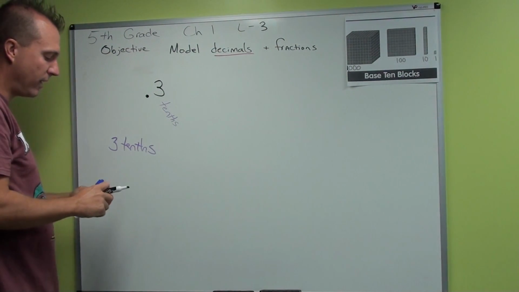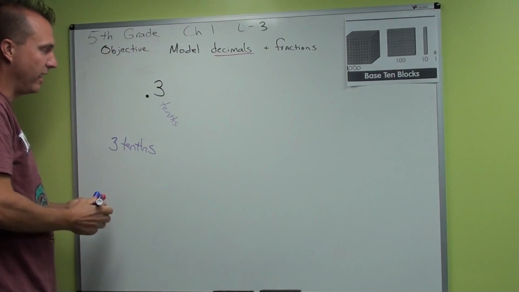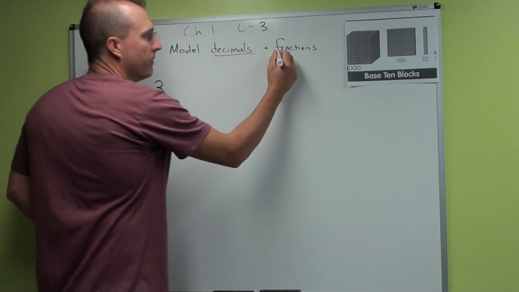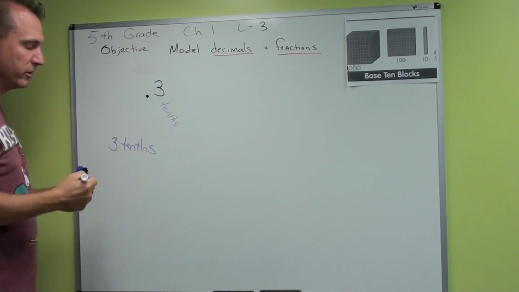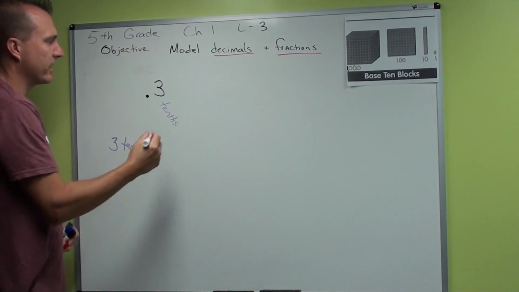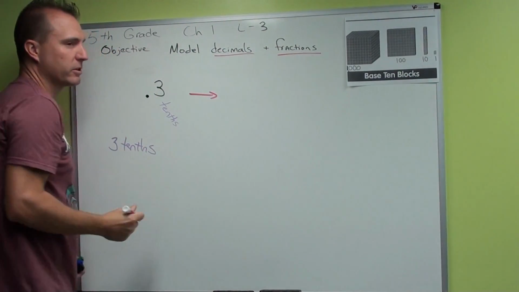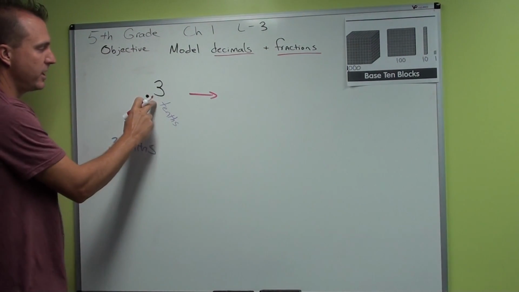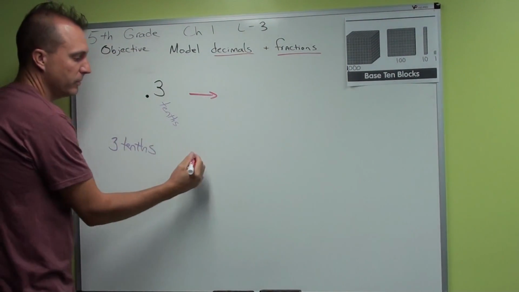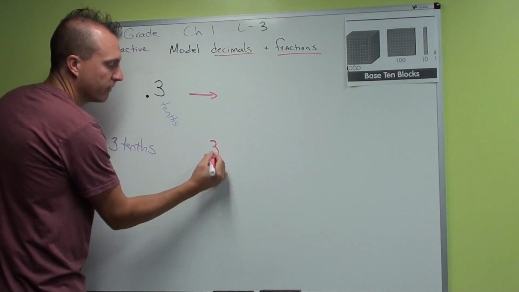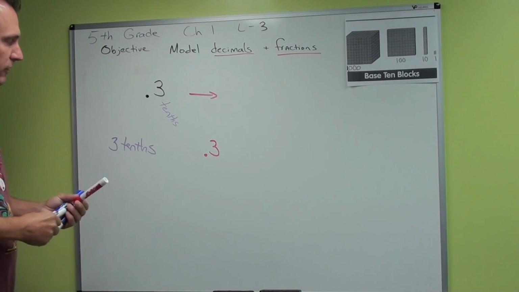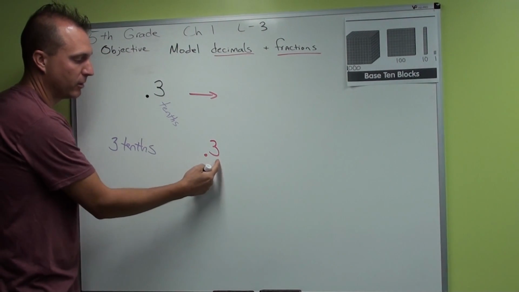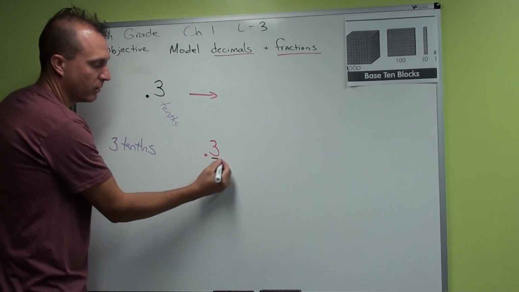But what if I wanted to put it into a fraction? So now we're moving on to that. If I want to get into a fraction, there's a couple ways to do it. One way is you take this decimal point 3, and then you ask yourself, how many decimal places are there? 1, right?